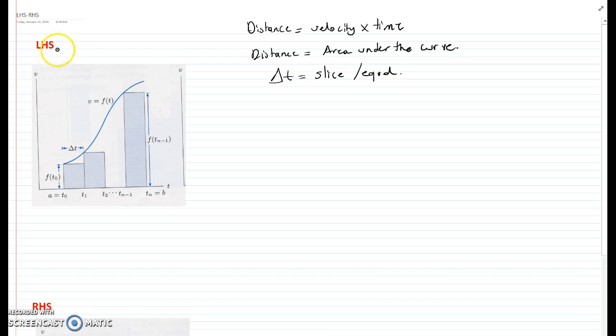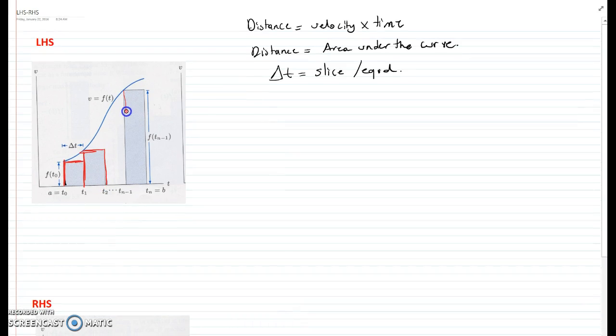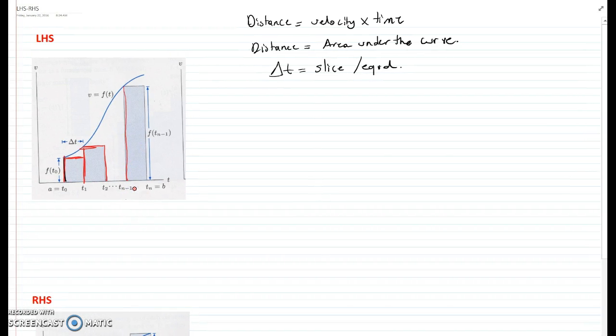So on the left-hand sum, we're starting from t0 and we draw a rectangle. We keep going like that, and the last rectangle I will draw will be at t n minus 1. I am starting from t0, and we are in the interval from time a to b.